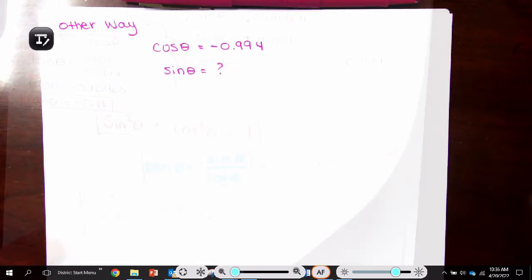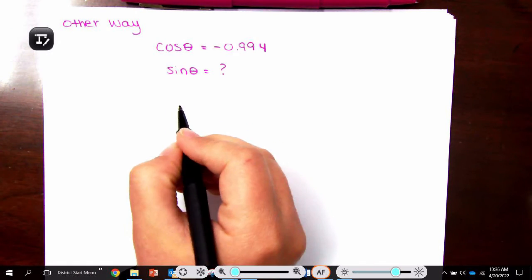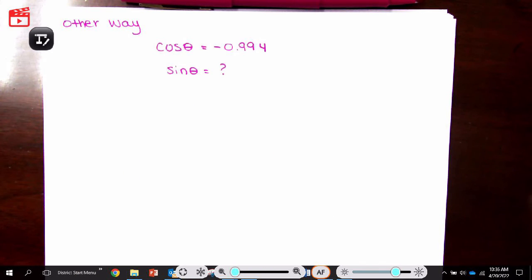Now, I do want to point out there is another way of solving the previous example that we just did. The previous method that we learned uses inverse functions. If we had cosine of theta and wanted to solve for theta, that's not what it's asking us, since it's asking us to solve for sine of theta. But if we knew theta, perhaps we can plug it into the calculator.